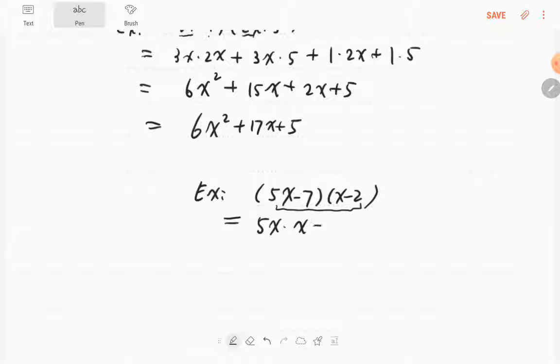Outer, we will have 5x times negative 2. Then we move on to the inner. We will plus negative 7 times x. Then will be the last. So negative 7 times negative 2 will be the last.